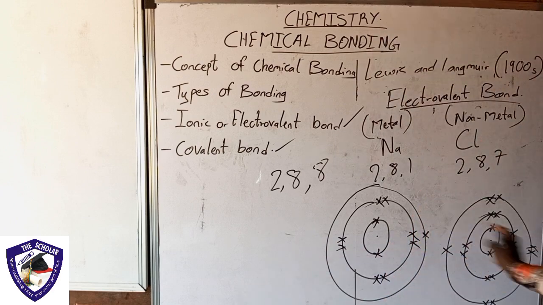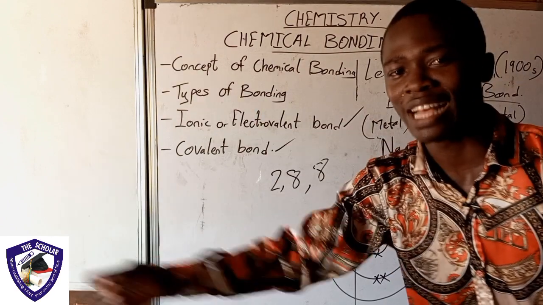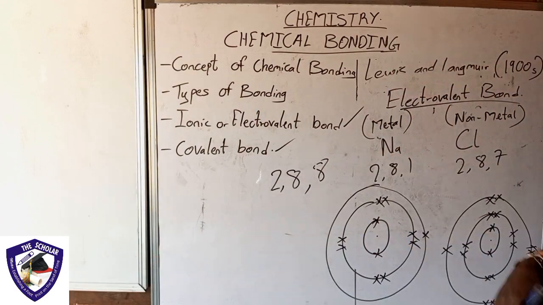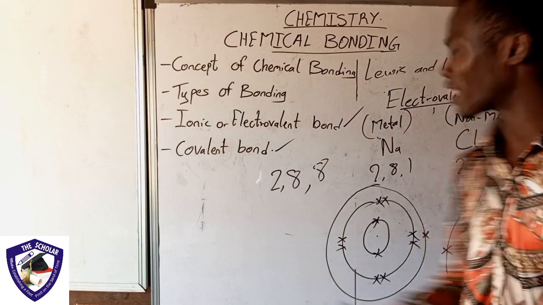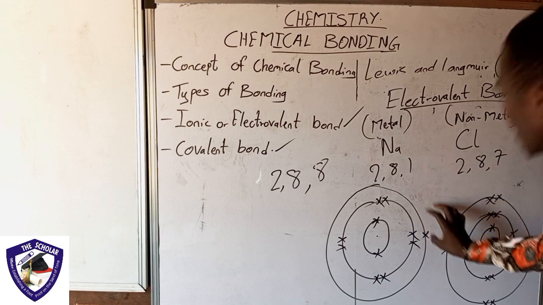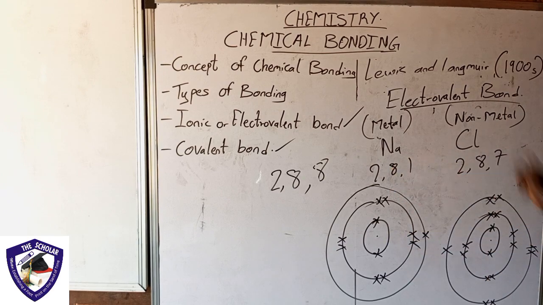Now, in this type of bonding or types of electrovalence bond, it involves the transfer of electron from a less electronegative element to a higher electronegative element, which means this 1 electron will be transferred from sodium to what? To chlorine, to complete its octet configuration.